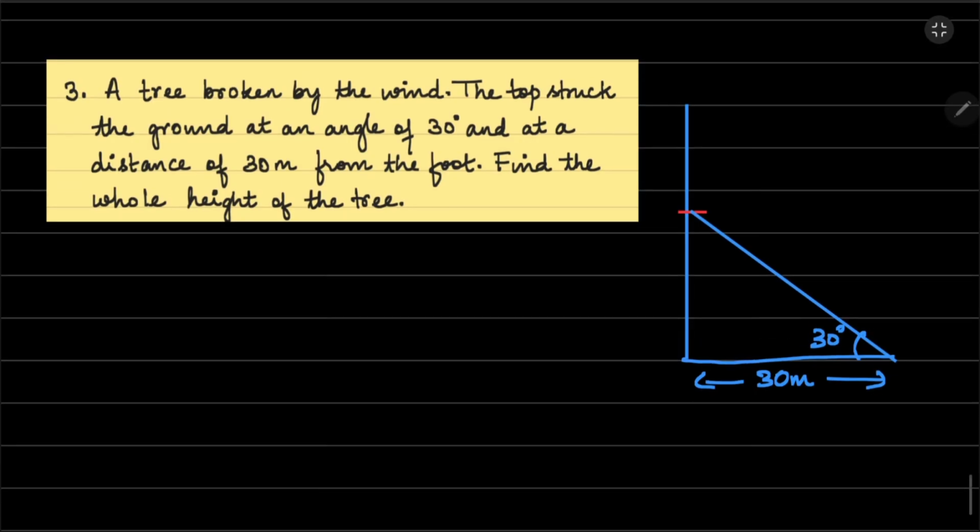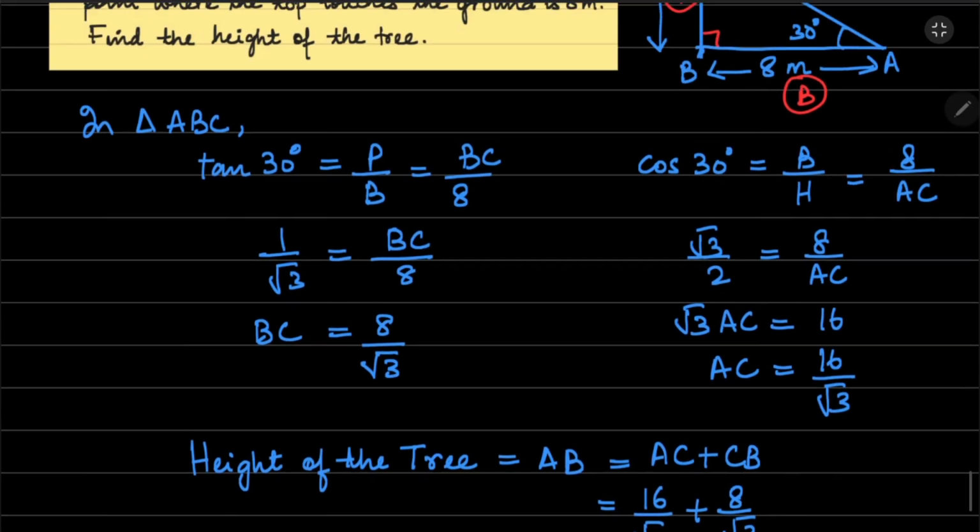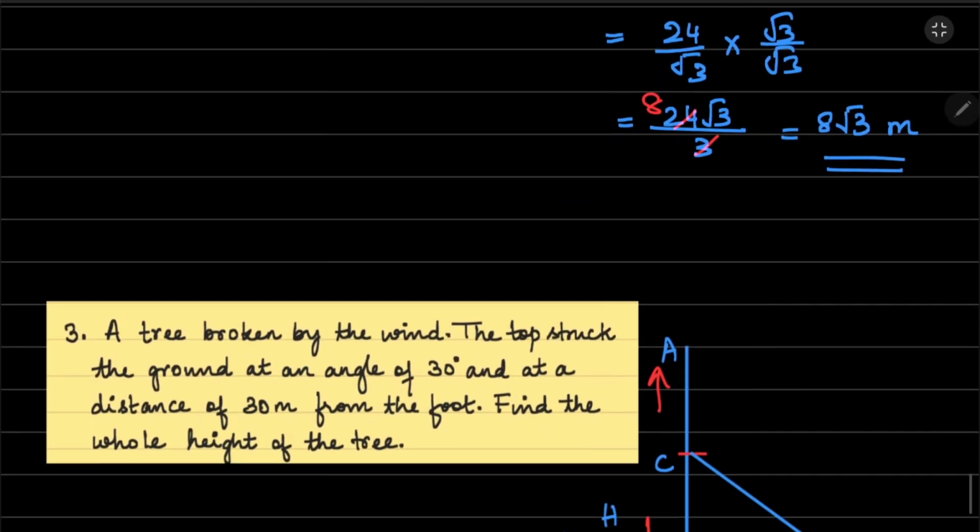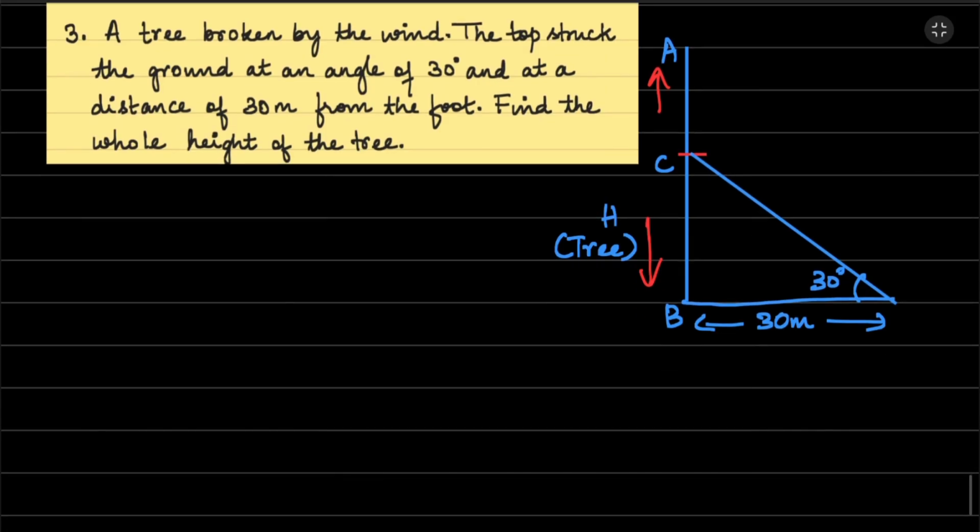So you can do it the same way. Let the tree height be AB, and C be the point at which it has got broken. You have to find the total height of the tree. It's just the same question, just the numerals are different. So again, let's do it the same way.